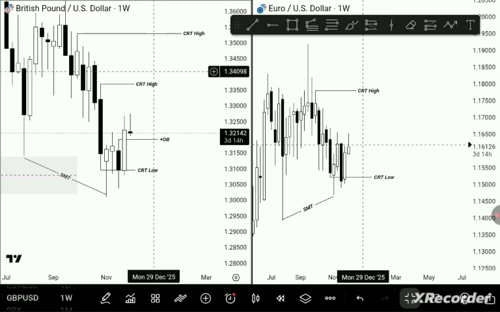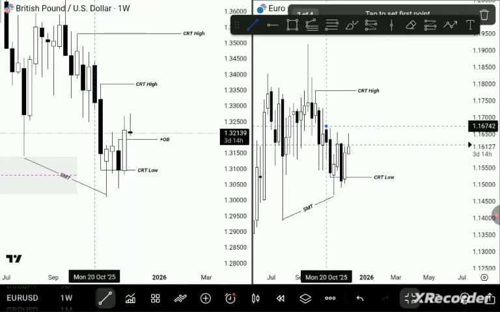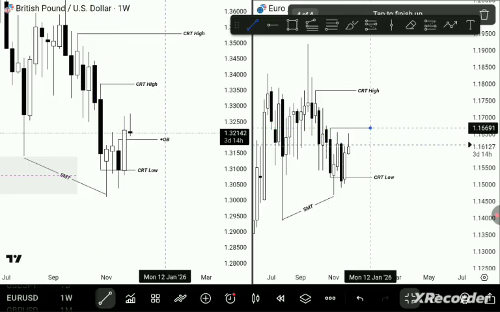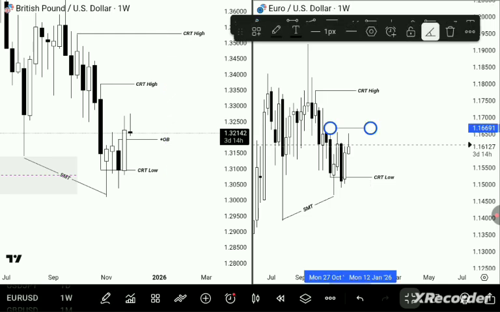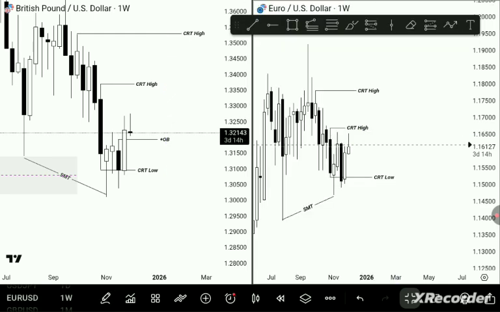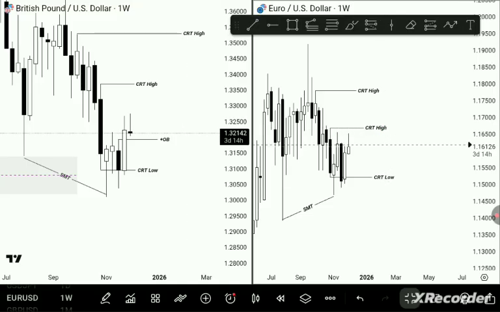Same goes on euro, right? We also had this CRT candle in play, right? Right there.